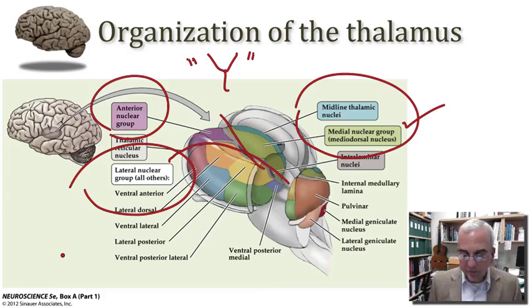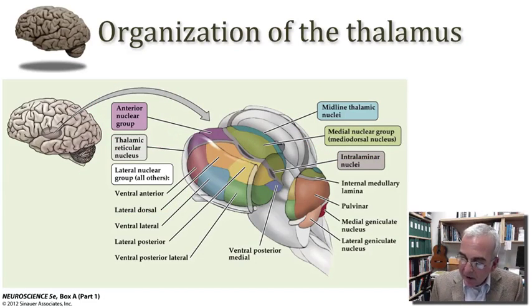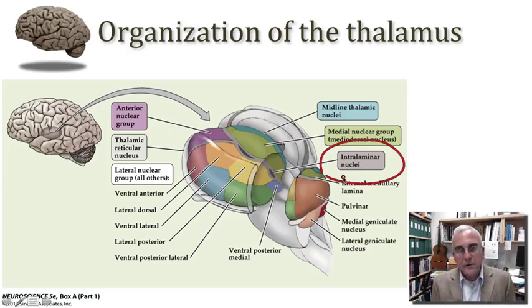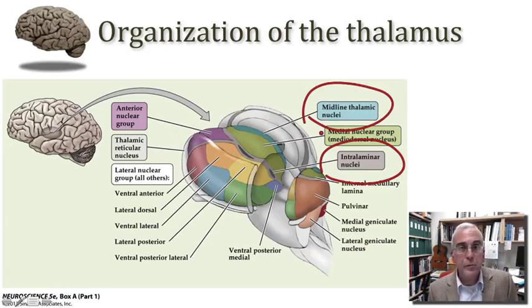Now, there's one other set of nuclei that I'd like to highlight for you, and these are a collection of small nuclei that are actually buried within that white matter lamina that forms this Y shape. These nuclei, in addition to some nuclei that are around the midline of the thalamus, tend to project very broadly to widespread regions of the cerebral cortex.